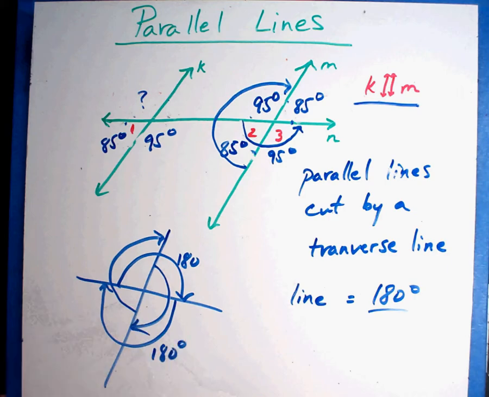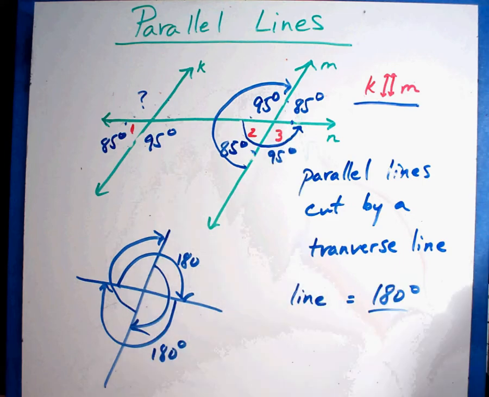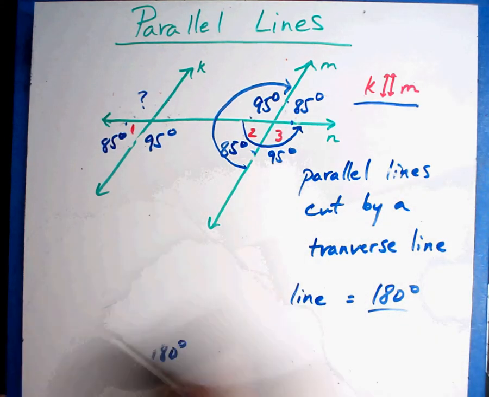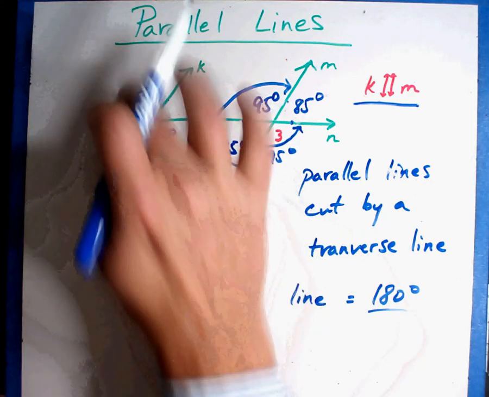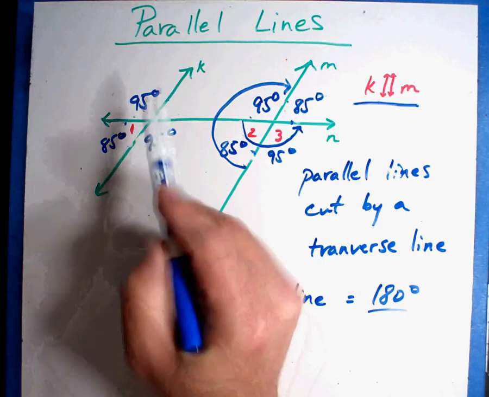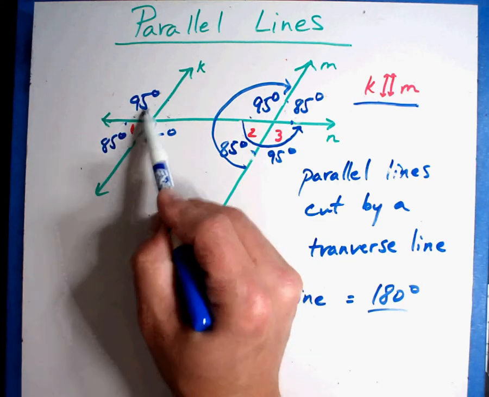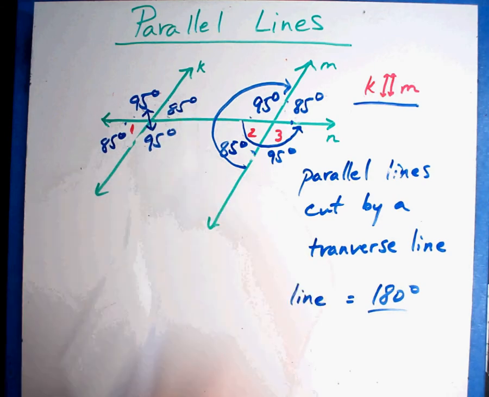So I can figure out any of them if I just make sure that I go from one line to the same line. So I end up having some patterns that I can pick up. So can I figure this one out? Well, if this is 95, then automatically from what we already learned, it's 95 degrees. And that proves what we just know, that these are going to be equal to each other because they're opposite. This one's going to be 85 degrees. Why? Because they are across from each other. So this is a shortcut.